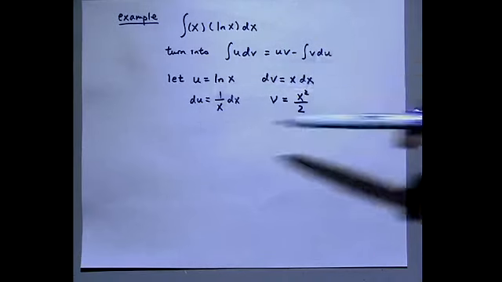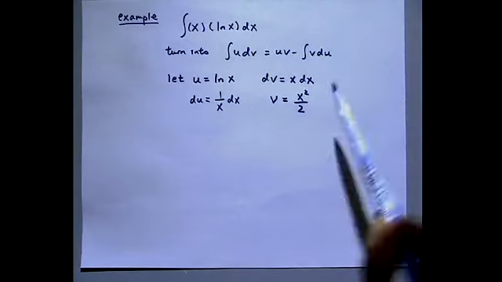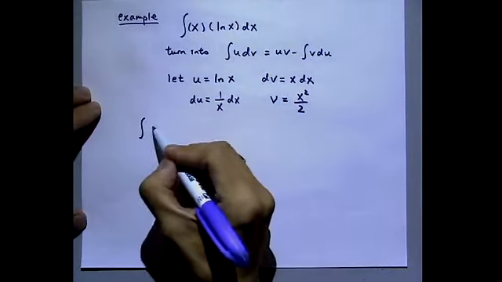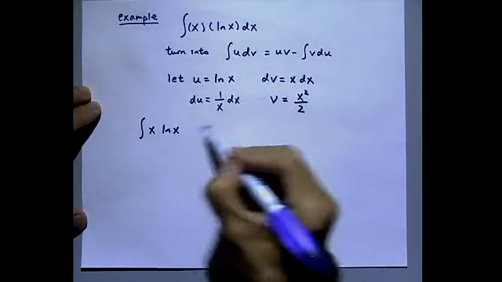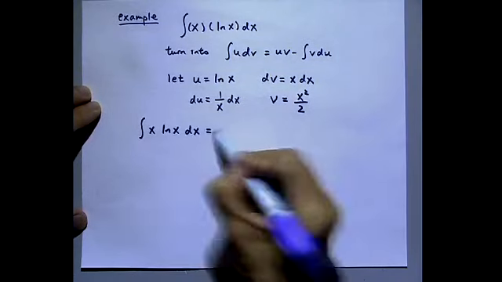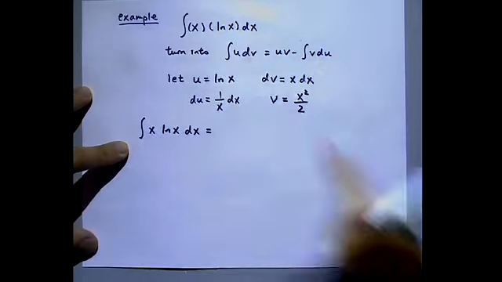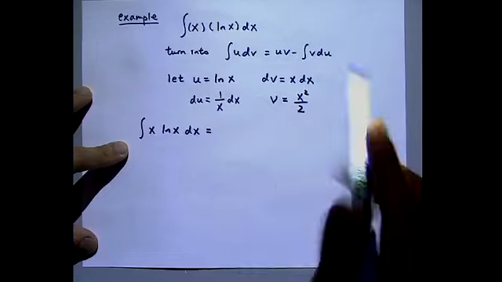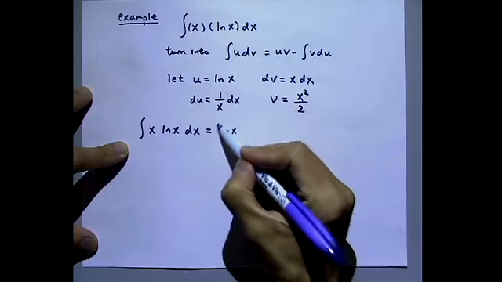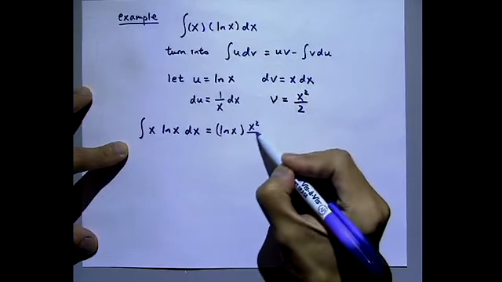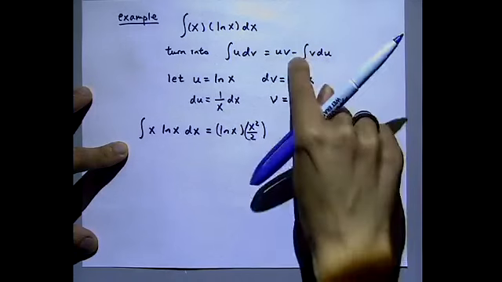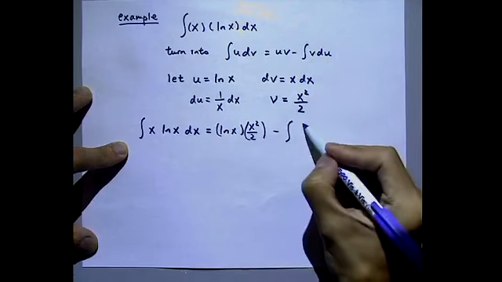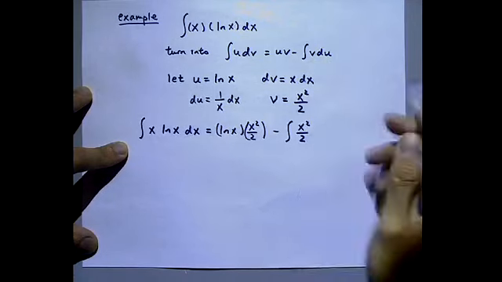Okay, so now I got everything I need to complete the formula on the right-hand side. So we can finish the integration. What I wanted to do in the first place is equal to u times v, minus the integral of v times du.